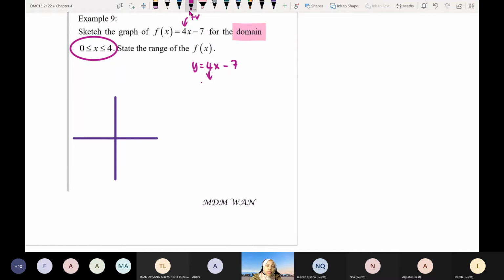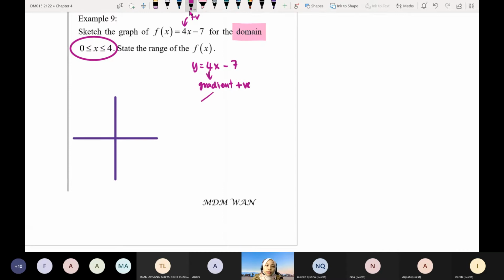So this is the gradient. The gradient is positive. So the shape is increasing.